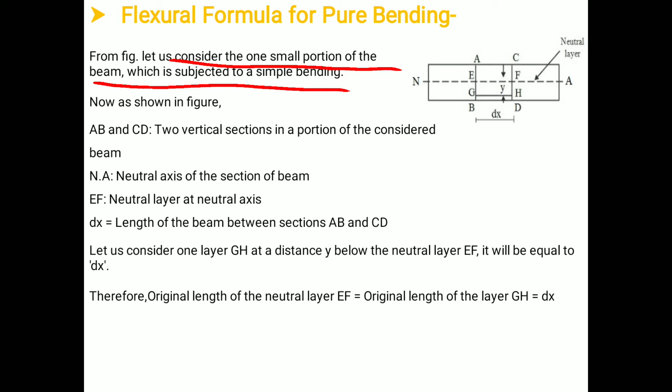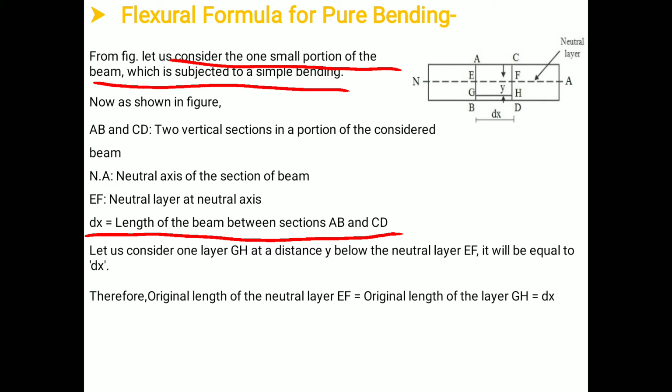Now, dx is nothing but the length of the beam between the two sections, AB and CD. Let us consider one layer GH, at a distance of y below the neutral layer EF. Therefore, it will be equal to dx. As dx is the length of the beam between sections AB and CD, the same length applies to the layer we have considered.